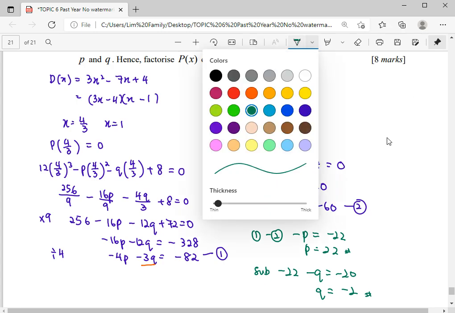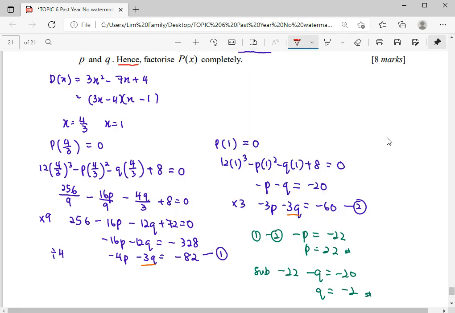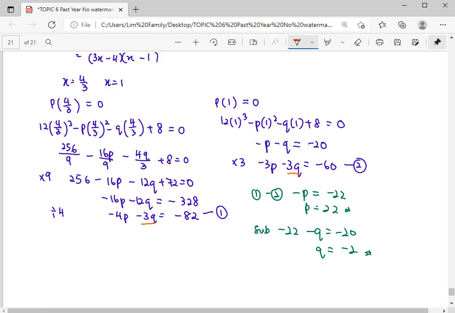Then question 6, hence you have to factorize it completely. So means you have to use our PQ in our polynomial. So your polynomial now, it is equals to 12x cubed. So your P is 22.